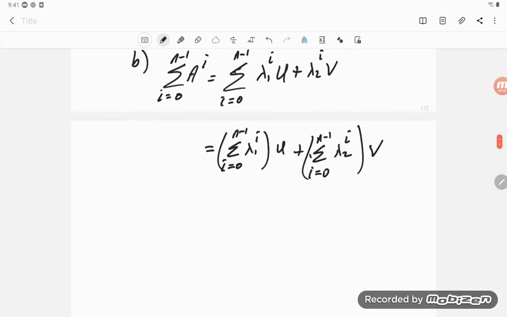That would be kind of hard, except we know how to add up a geometric series like this: it is 1 minus lambda 1 to the n over 1 minus lambda 1, all times u, plus 1 minus lambda 2 to the n over 1 minus lambda 2.